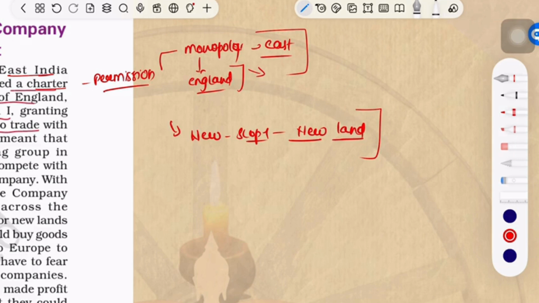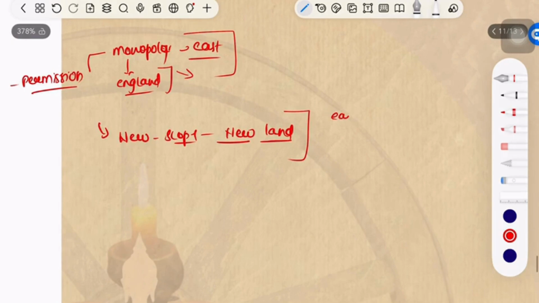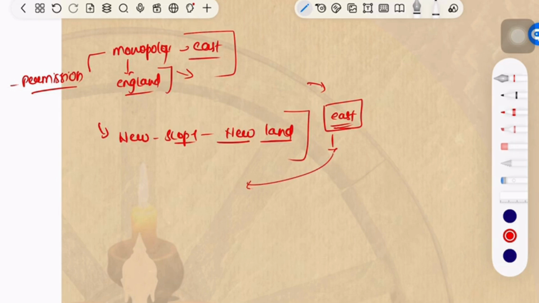It was famous in European nations that trading with Eastern Asia is very profitable. Why? Because it had rich sources of raw material which could be used by them, and it was mostly famous for spices and textiles.